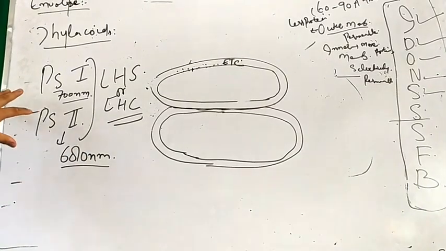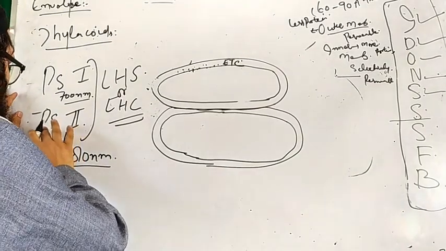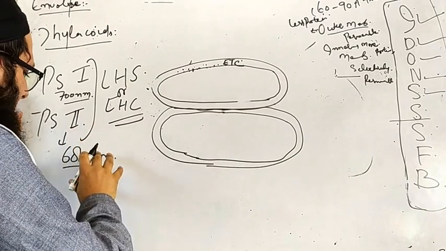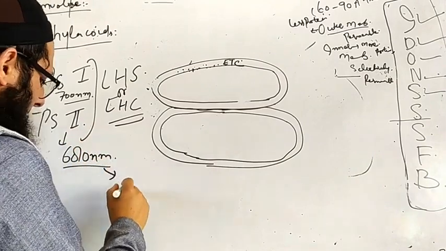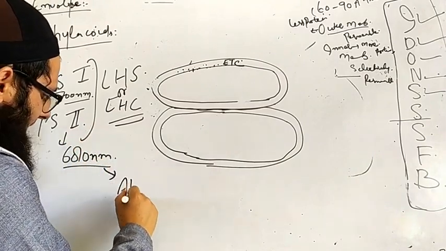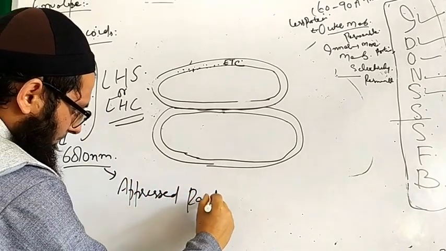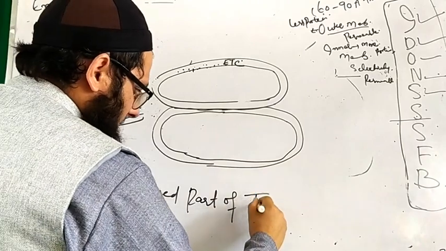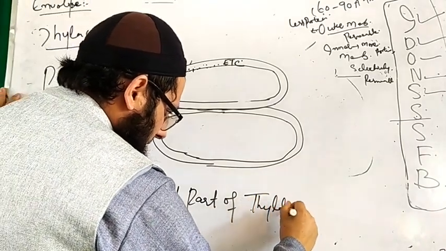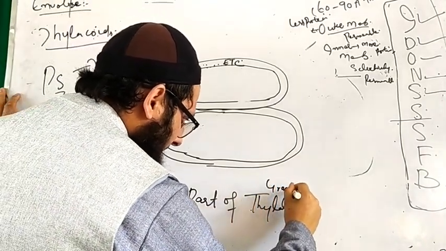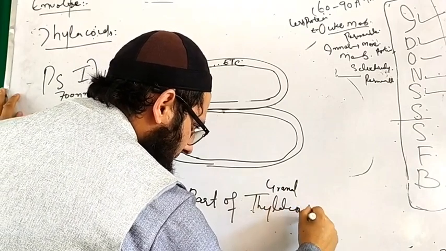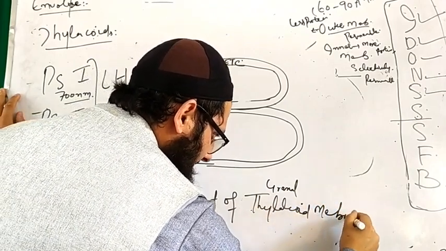Second thing, let's see where they are present. PS second, where is it present? It is present at the appressed part of granum thylakoid membrane.